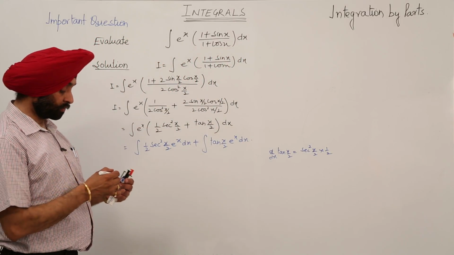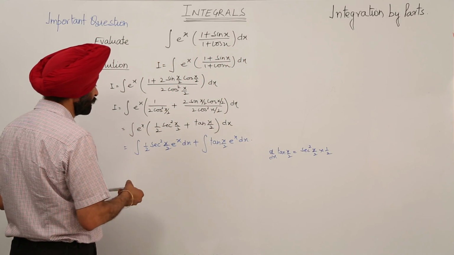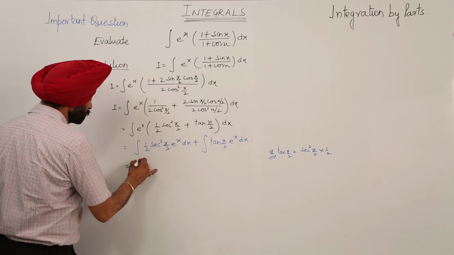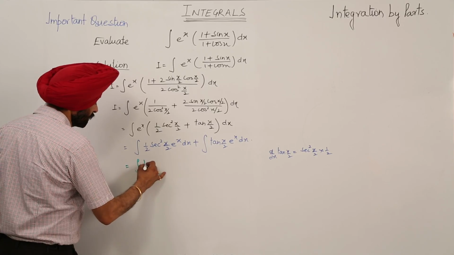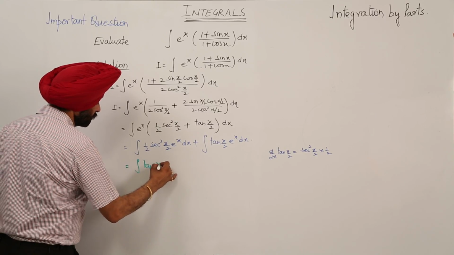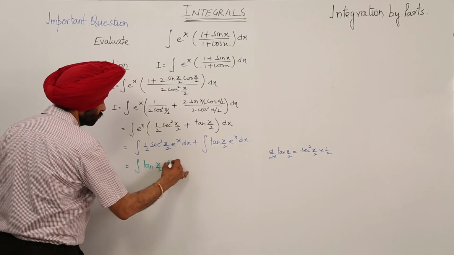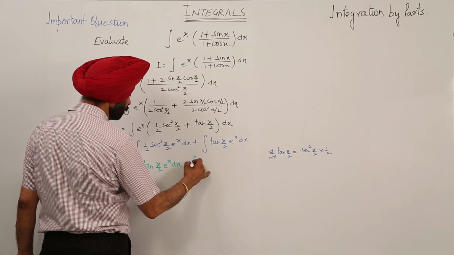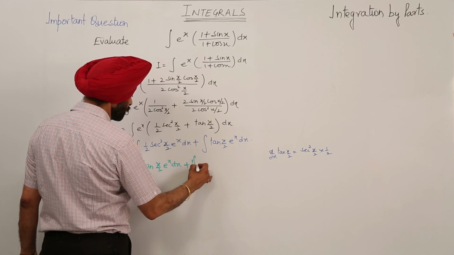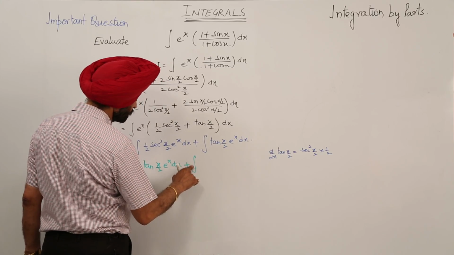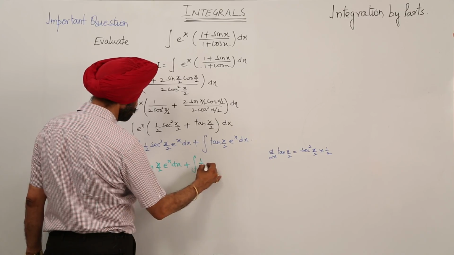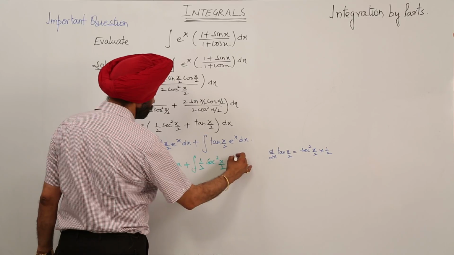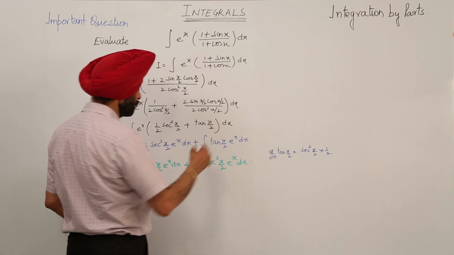So which is the first function now? We are getting this as a first function. Okay. So we will be writing the question as tan x by 2 e raised to power x dx plus integration of 1 by 2, either write outside or write inside only, 1 by 2 secant square x by 2 e raised to power x dx.